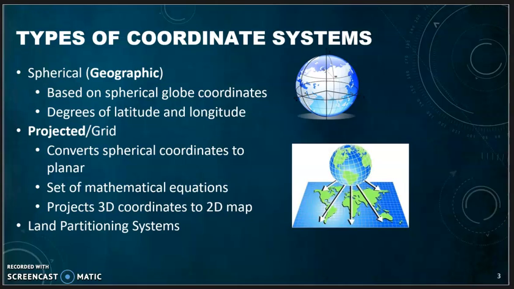And then we have our projected coordinate systems or grid coordinate systems, and these convert spherical coordinates to planar coordinates. They use a set of mathematical equations, and it projects three-dimensional surface coordinates onto a two-dimensional map. We also have land partitioning systems, which we'll get into later in this lecture.